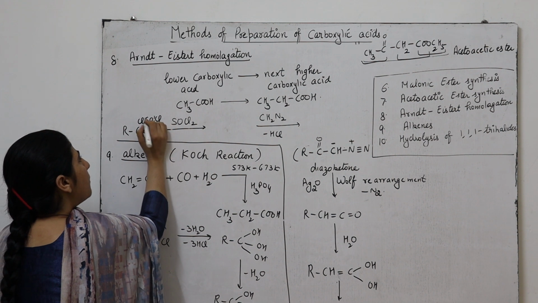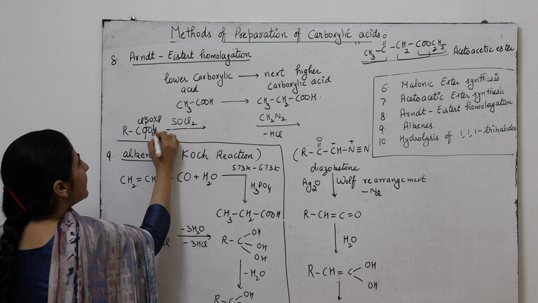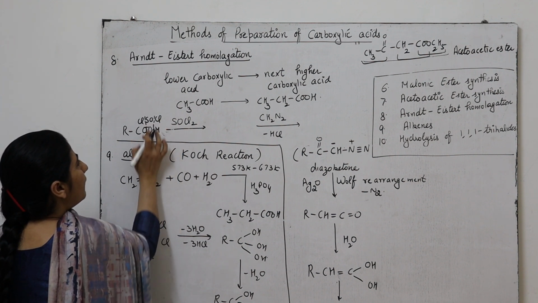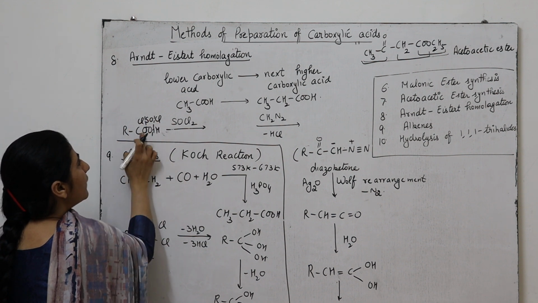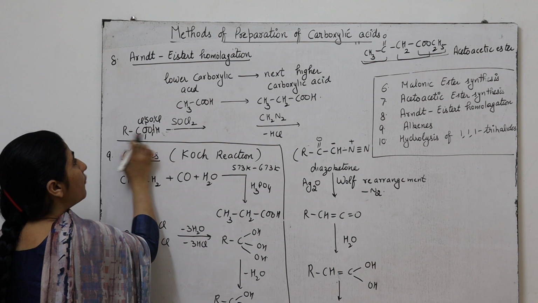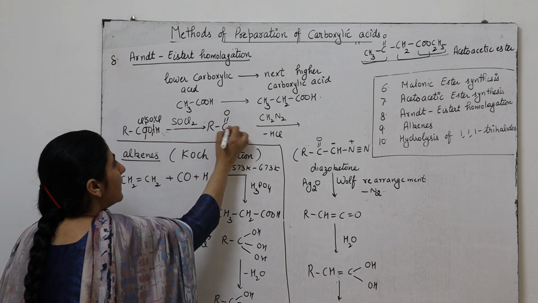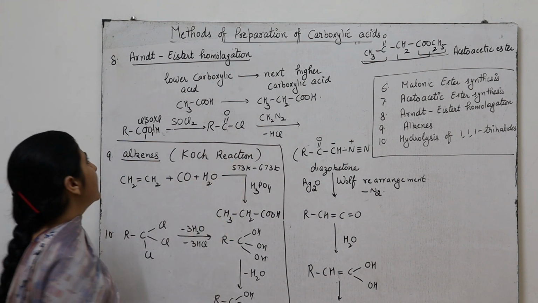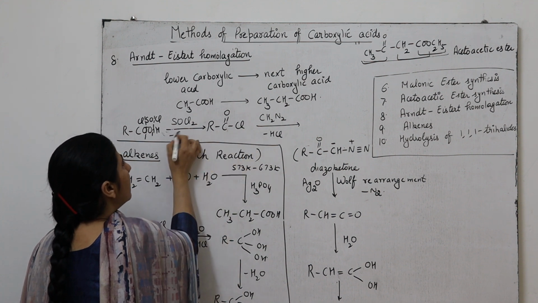So in this case, there is elimination of HCl, with the formation of SO2 gas, and this chlorine group is attached to the CO group to form the acyl chloride, RCOCl. This is an acyl chloride.